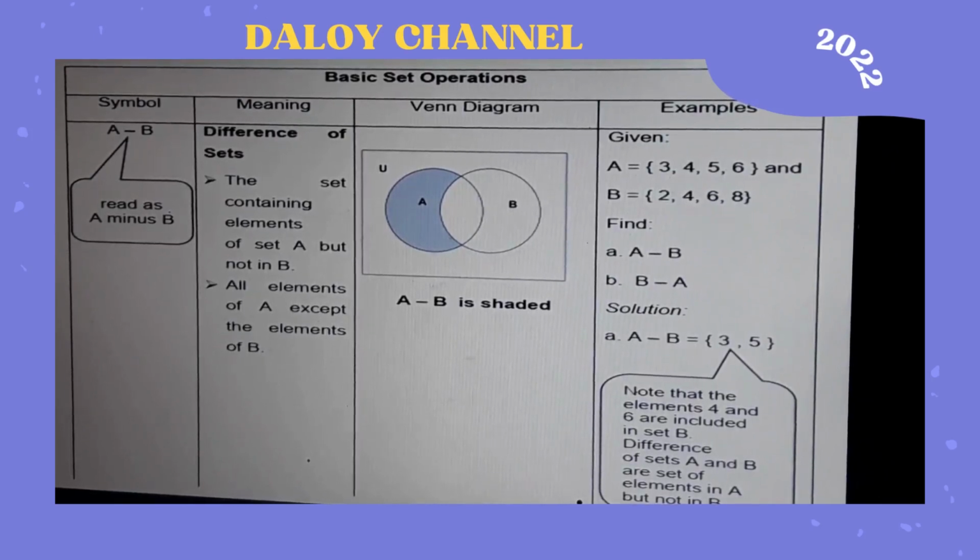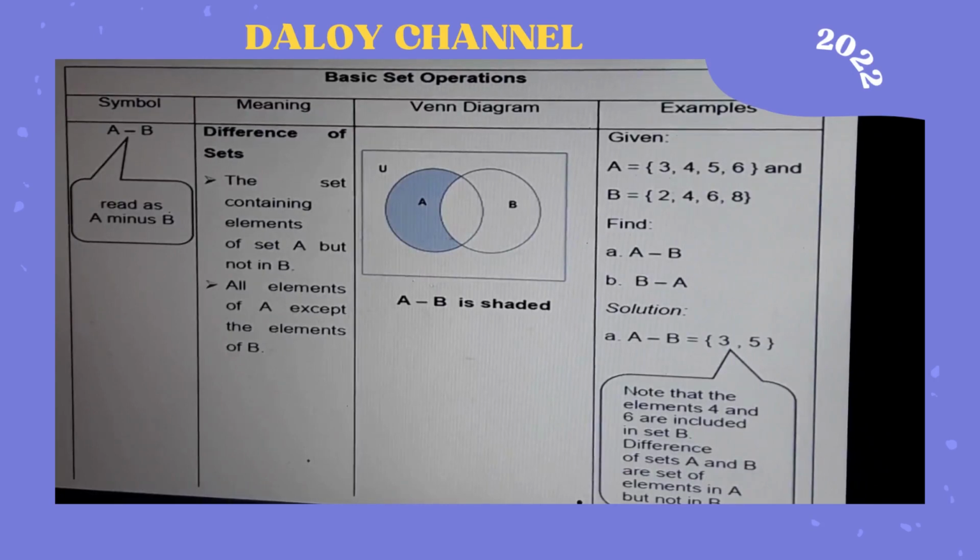All the elements of A except the elements of B. To illustrate this in the Venn diagram, considering that two sets are intersecting with each other, we are going to shade only a portion in A, meaning the remaining area not included in B.